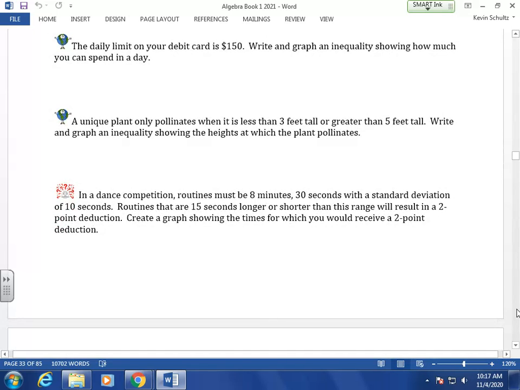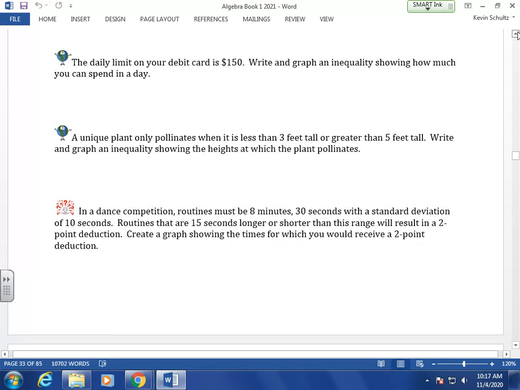And then the bottom section here, the daily limit on your debit card is $150. Anyone have a debit card, by the way? So you all know what they are, right? Yeah. Okay. So the daily limit, think about what that word limit means, on your debit card is $150. Write and graph an inequality showing how much you can spend in a day.